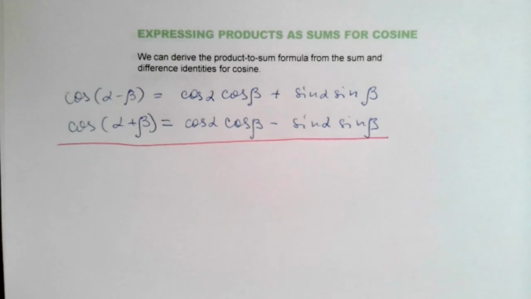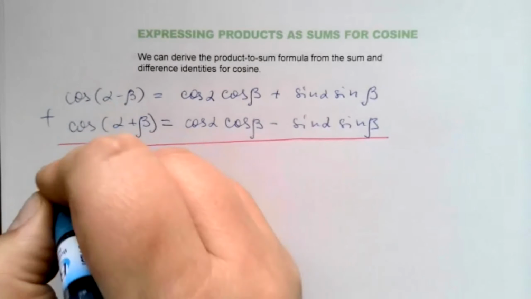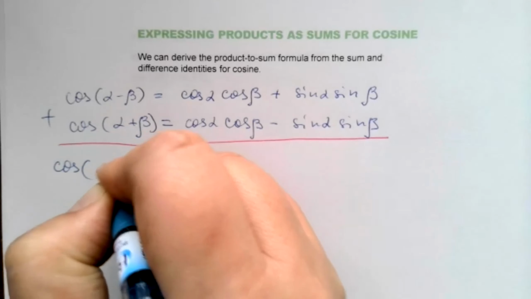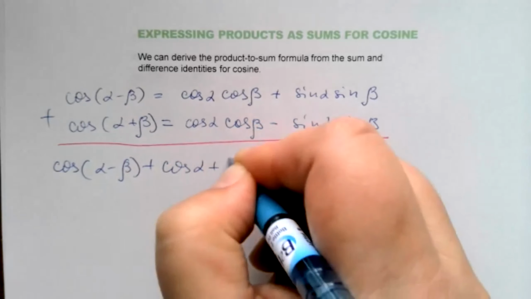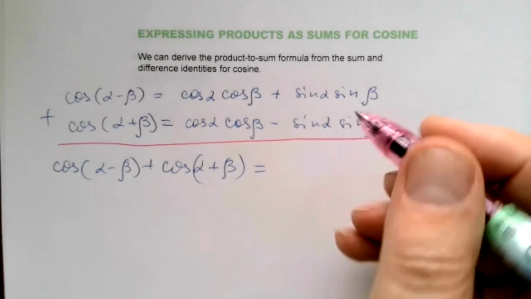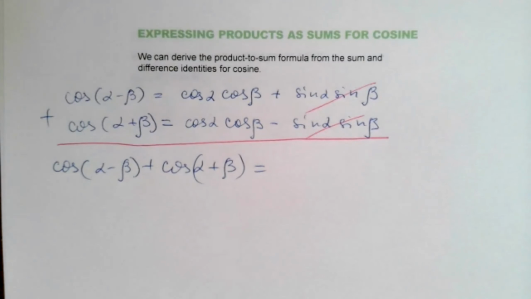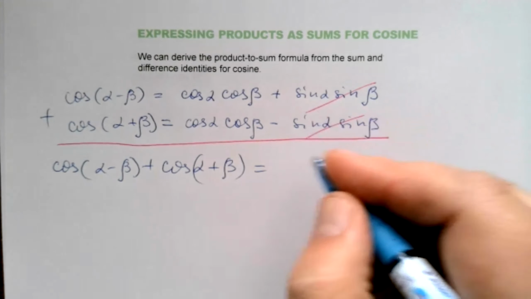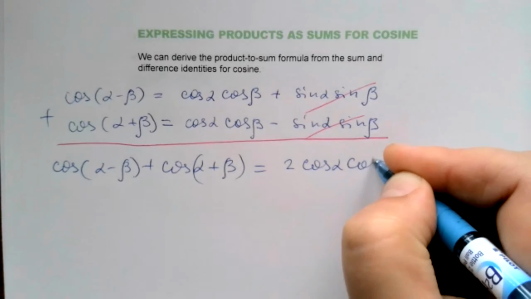So what are we going to get on this side? We're adding. On this side, we have cosine alpha minus beta plus cosine of alpha plus beta. And on this side, the sine alpha times sine beta and the negative product of sine alpha sine beta will cancel out, and we're going to end up with 2 times cosine alpha cosine beta.